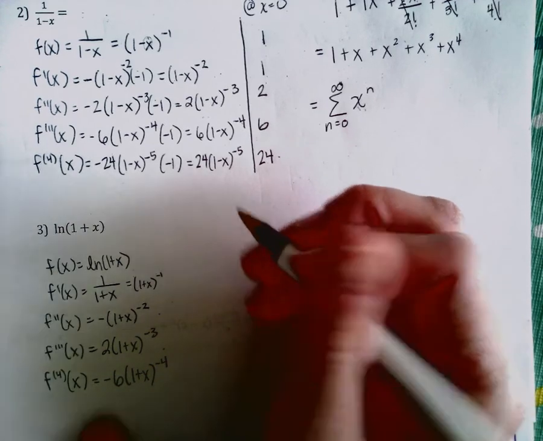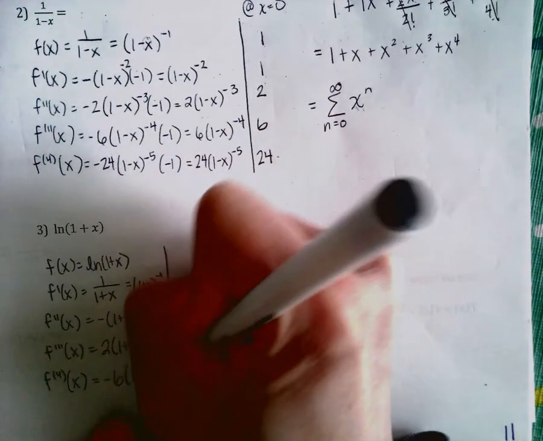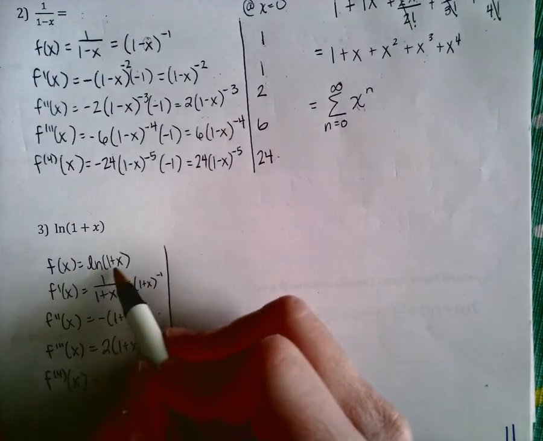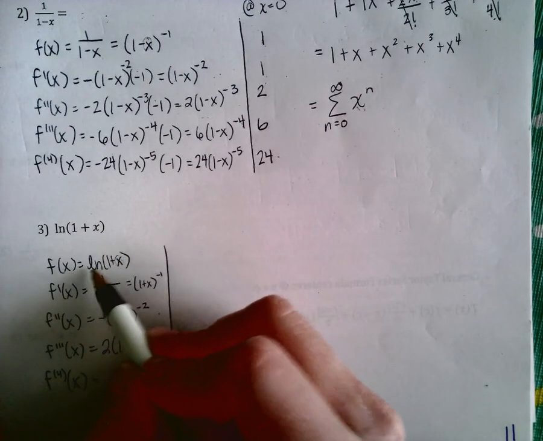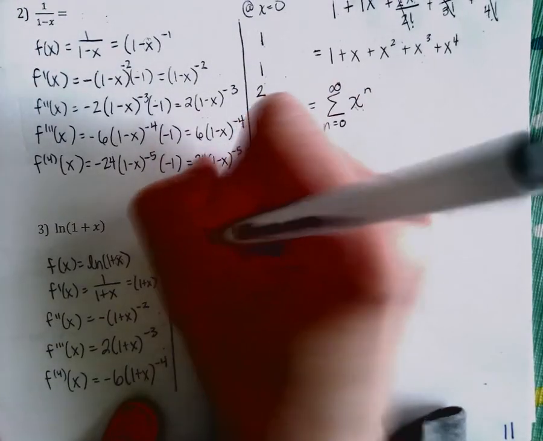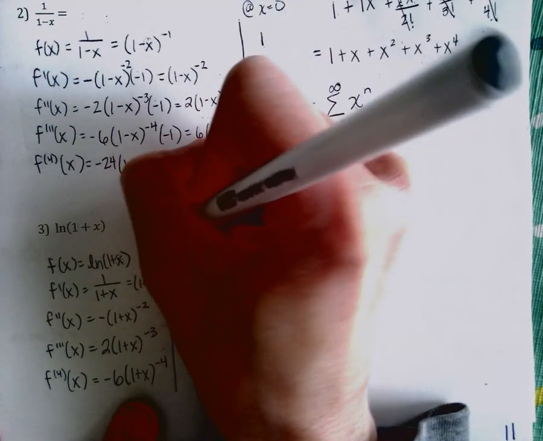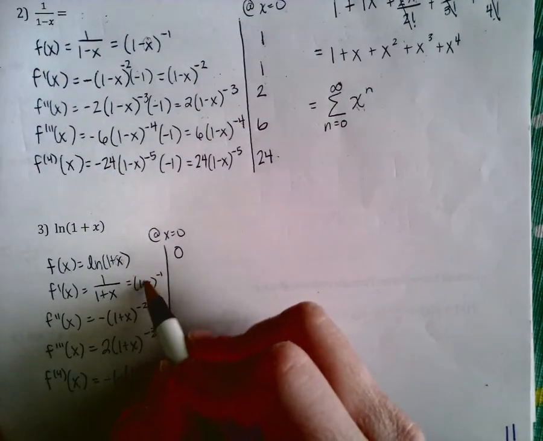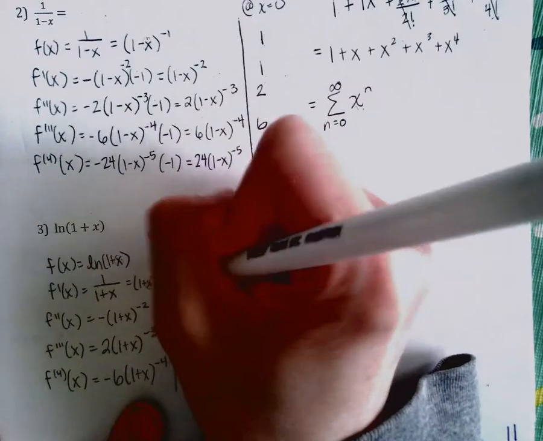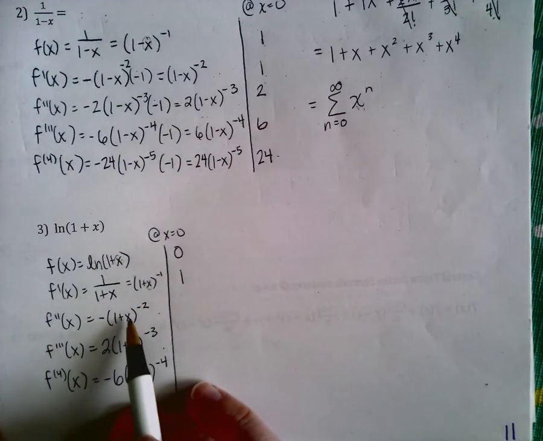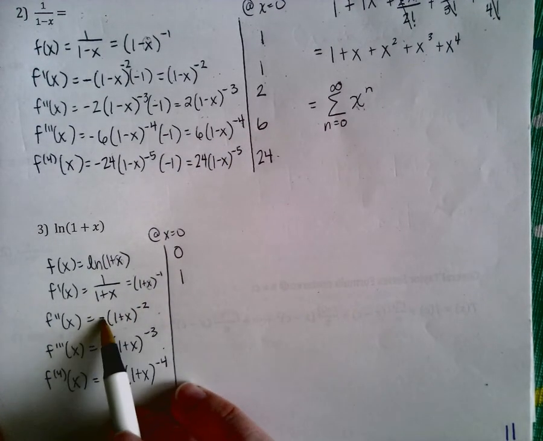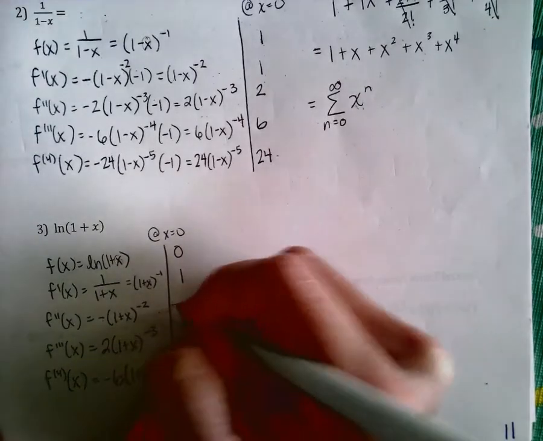Okay. So then if we plug in x equals 0 for all of these, so plug in a 0 here, then the natural log of 1 is 0. So this is at x equals 0. For this one, I plug in a 0, and 1 to anything is 1. Plug in a 0 here, 1 to anything is 1, but then there's this negative here. So I get negative 1.